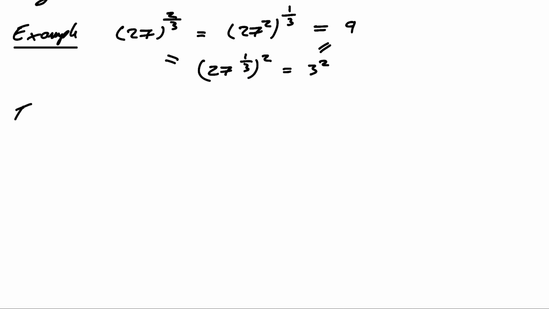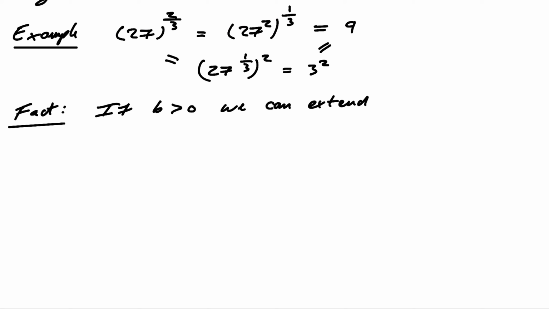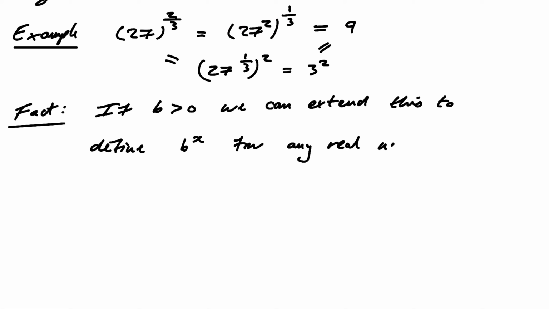So in fact, if b is strictly greater than 0, we can extend this to define, say, b to the x for any real number x. So any decimal at all. It doesn't need to be a fraction.